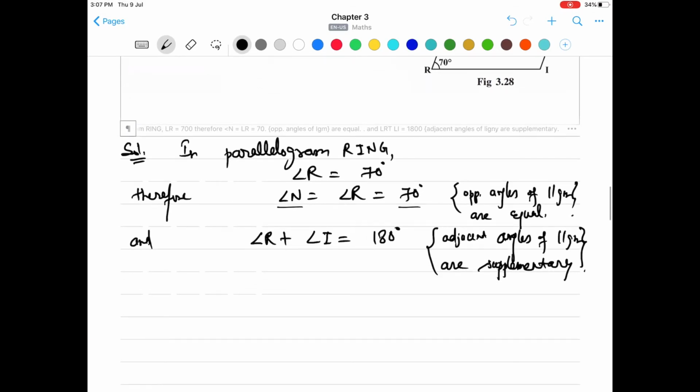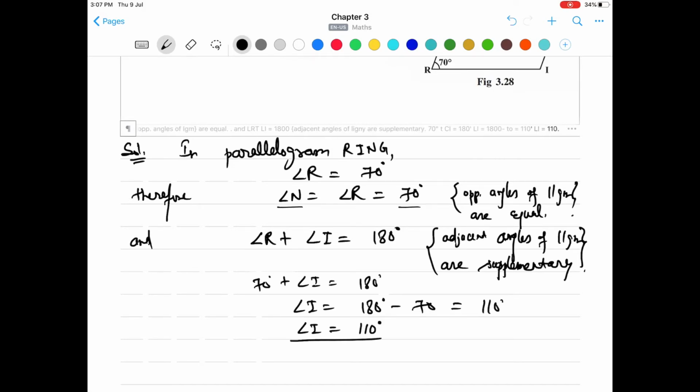Since we already know the value of angle R, which is 70 degrees, plus angle I will be equal to 180 degrees. Therefore angle I will be equal to 180 degrees minus 70, which is 110 degrees. And so angle I is equal to 110 degrees.